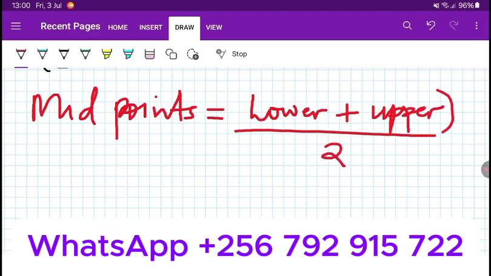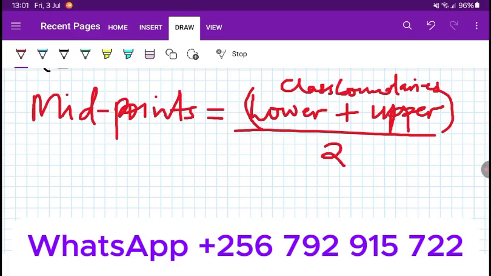But these can be class boundaries or they can be class limits, depending on what has been given to you in the question. Either way, we get the midpoints. Once you have computed those midpoints, you can get the frequencies, which will be given to you.